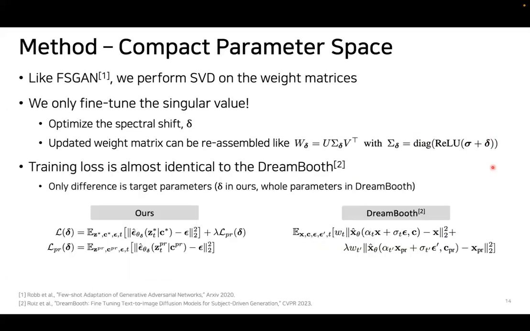This is all. The training loss is also identical to DreamBooth. It is the same, but the only difference is the target parameters. This paper is only for the singular values, and DreamBooth trains all parameters in the UNet.